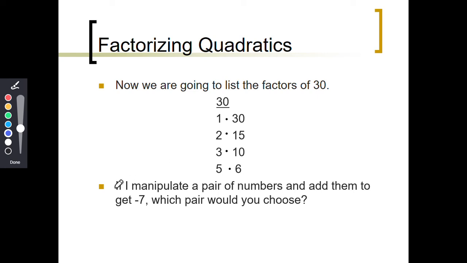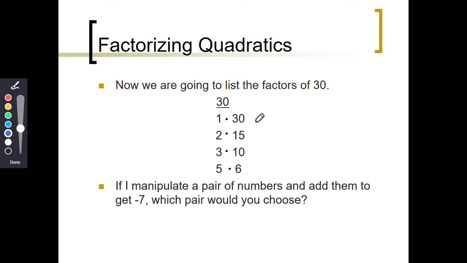So here is a statement that will help you. If I manipulate a pair of numbers from this list here, and manipulate means change, in this case, to change the sign of, to make a number negative or make numbers negative.